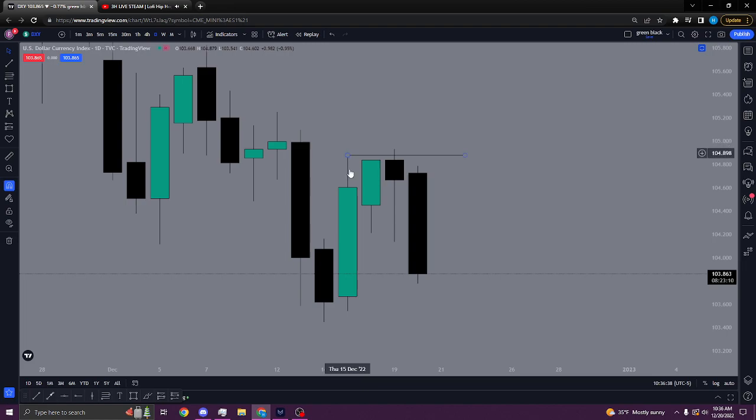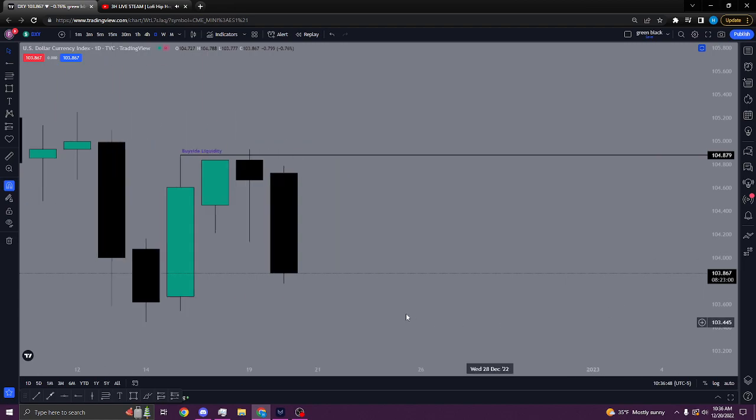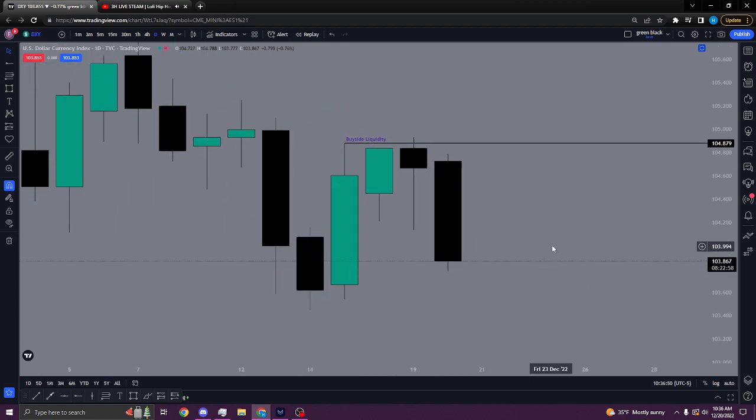So going above swing highs, that's gonna be your buy side liquidity. So when buy side liquidity gets taken, as I said in my previous videos, not all the time, but we can expect a reversal, a turtle soup type scenario.